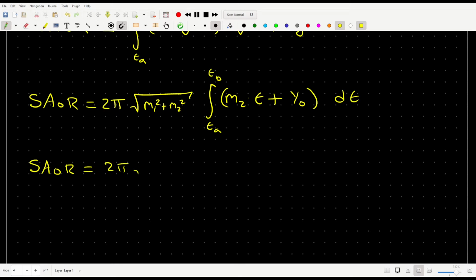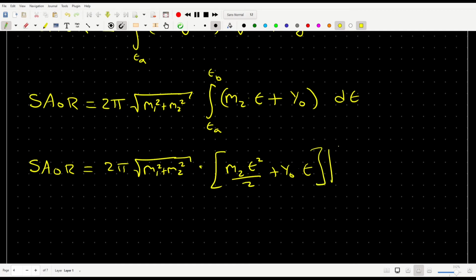Which is a relatively easy integral to evaluate. This is 2 pi square root of m1 squared plus m2 squared times m2 t squared over 2 plus y naught times t, from a lower bound of t_a to an upper bound of t_b.